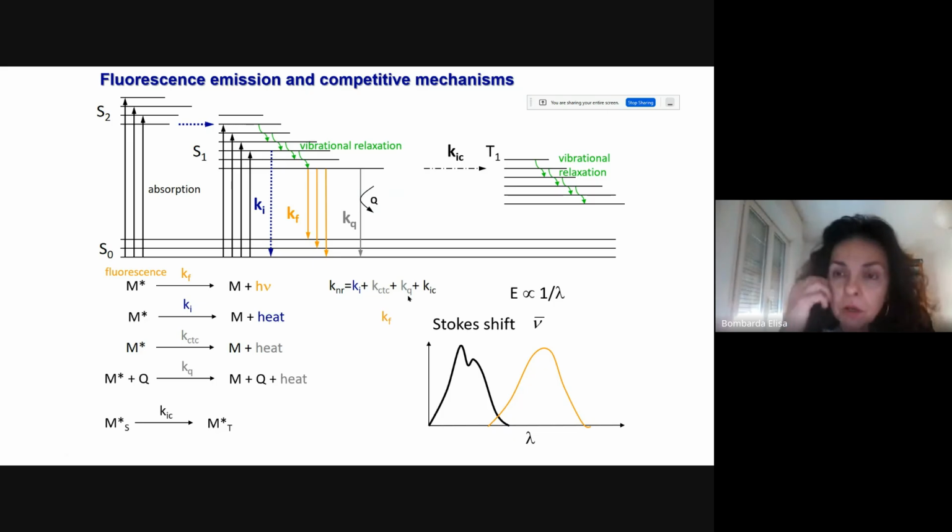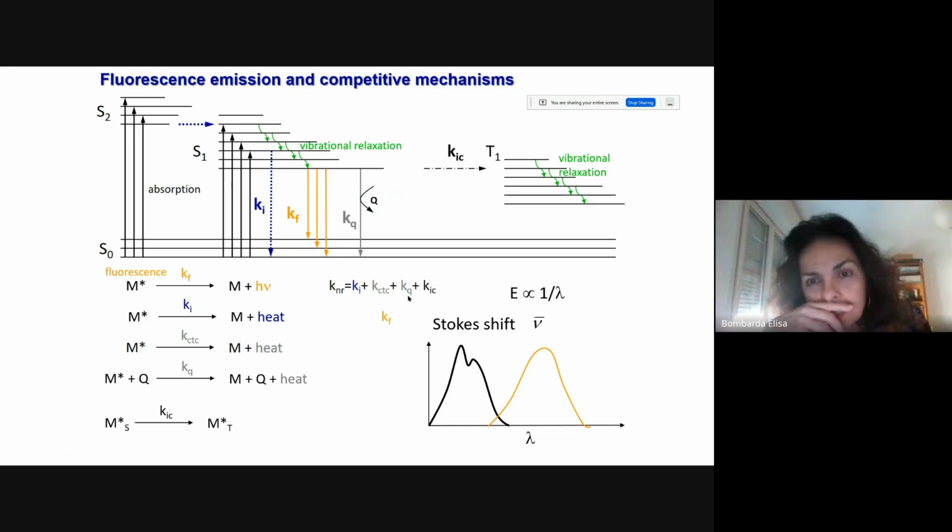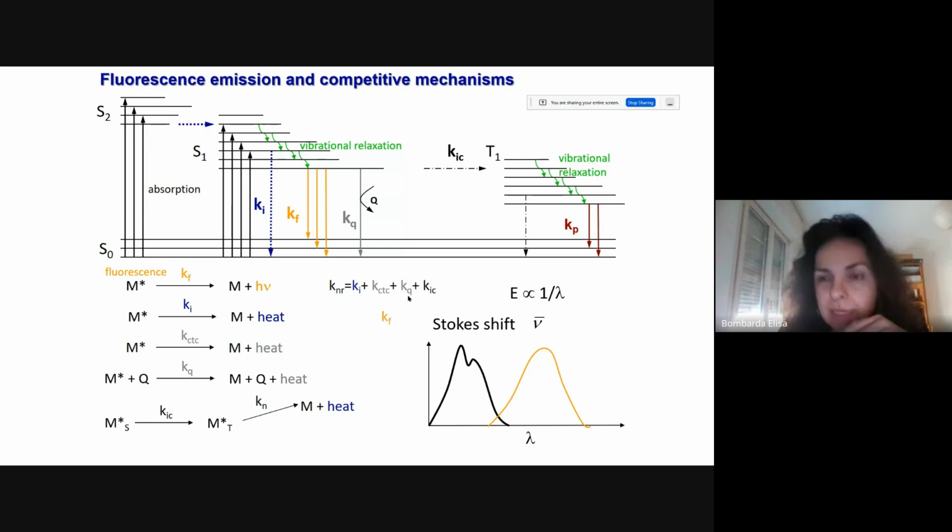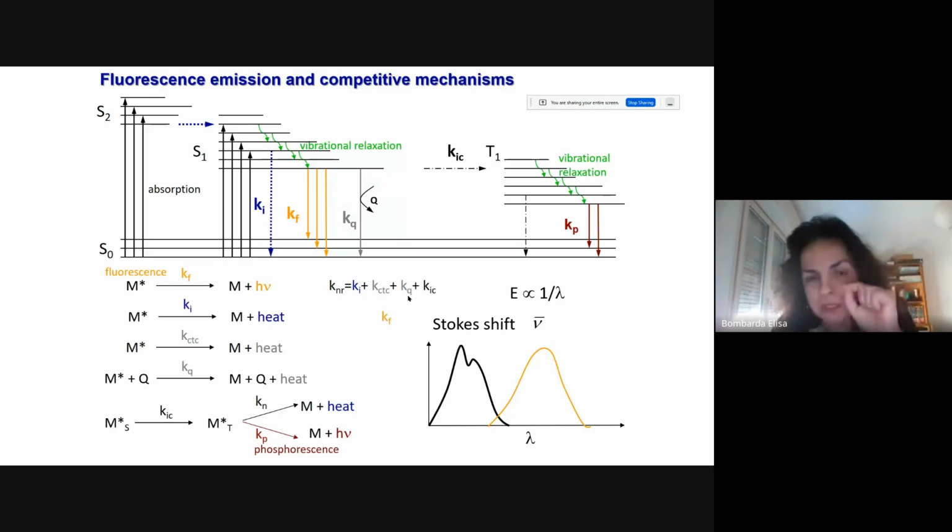And so, just for completing the process, when the molecule is in the triplet state, it goes through the same phenomena: vibrational relaxation, and then emission. That can be an internal conversion, and also emission of a photon can go down from the triplet to S0, and this will be phosphorescence.